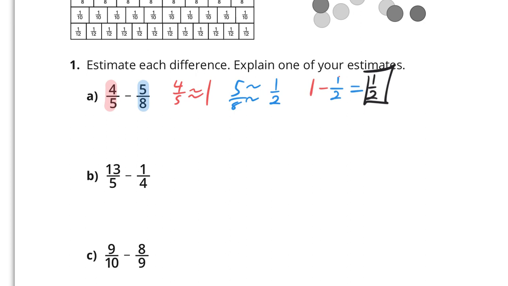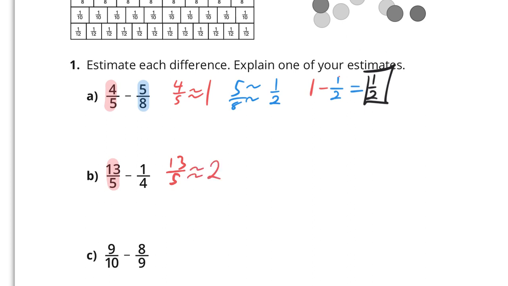Then let's look at 13/5. Well, I know that 5/5 is 1, so then twice as much as that would be 2, right? 10/5 would be 2. So 13/5 is going to be more than 2.